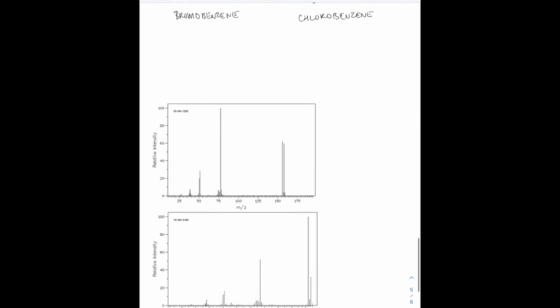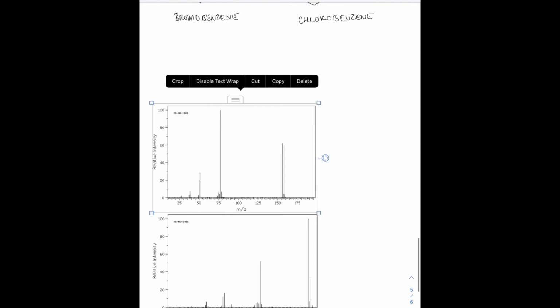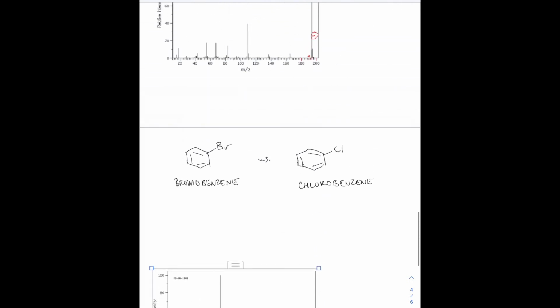So basically, let's take a look at this. And well, no, I'm sorry, I have to tell you what the rule is, right? These ones are really useful because just like carbon has a very small isotopic abundance of carbon-13, bromine and chlorine have different isotopic abundances.